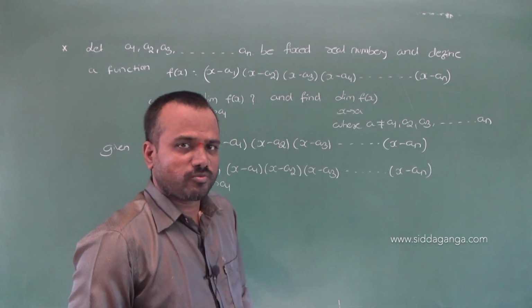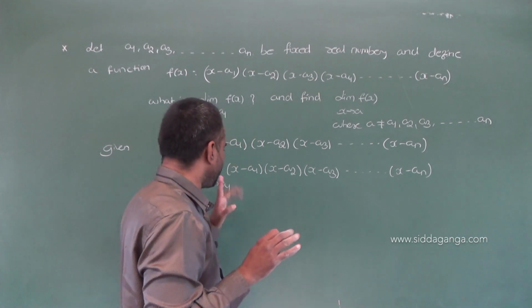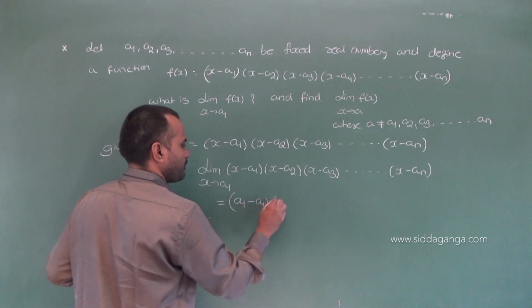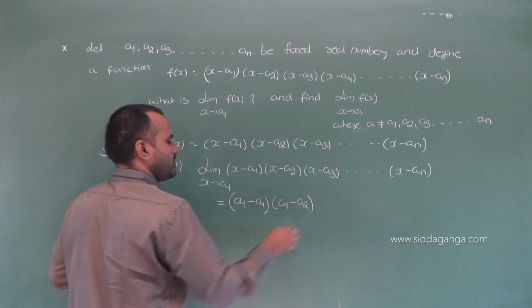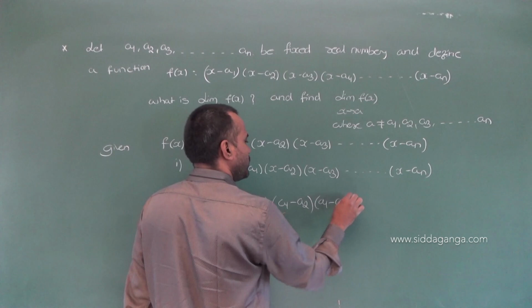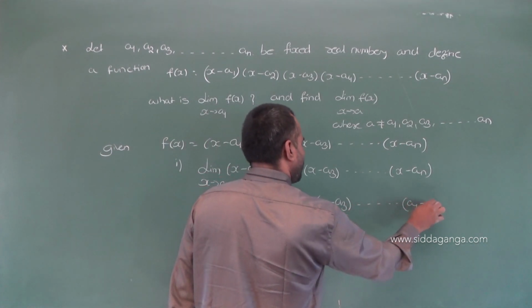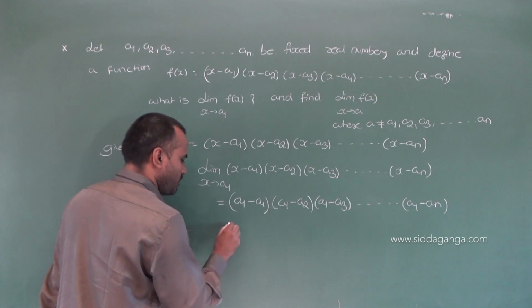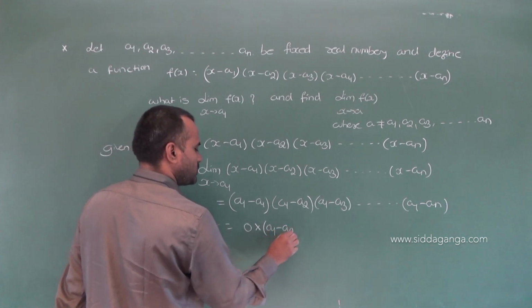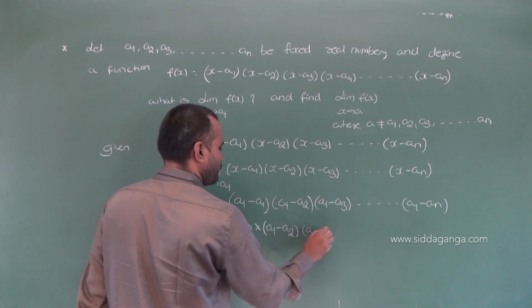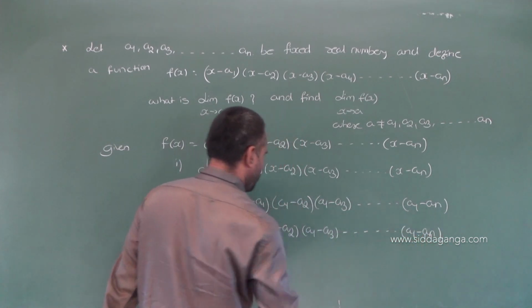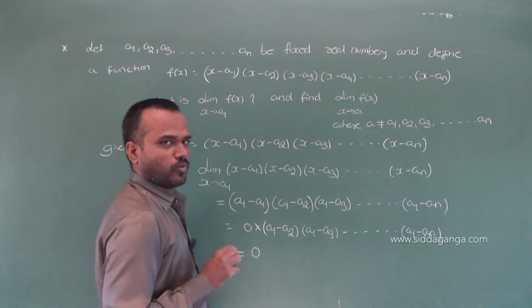In this case, what we do? Wherever x is present, substitute a1. That is a1 minus a1, a1 minus a2, a1 minus a3, up to a1 minus an. a1 minus a1 is 0, and 0 into a1 minus a2, a1 minus a3, up to a1 minus an. 0 into anything is 0.